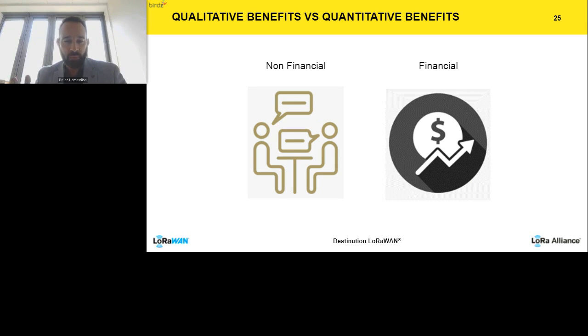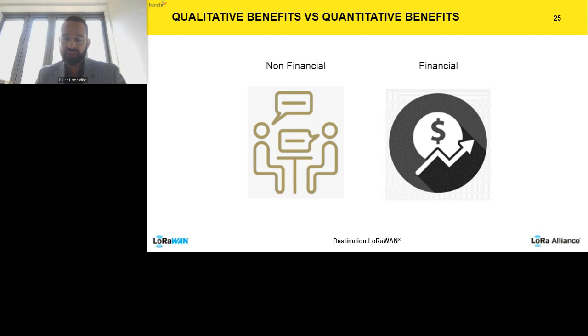One thing that is defined by ROI is definitely the financial benefits. How much savings can you make from using system A against system B? Performances and time saving are definitely part of the operation savings, as is money saving.